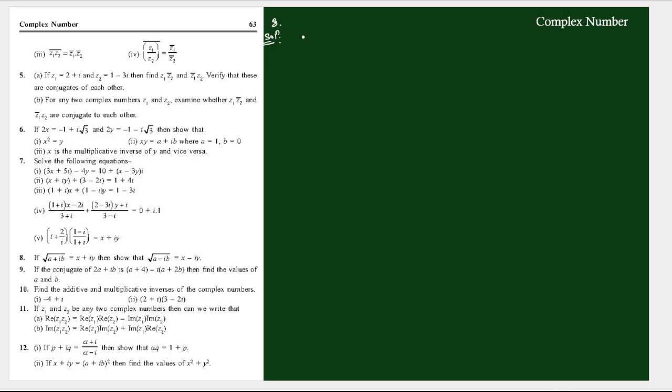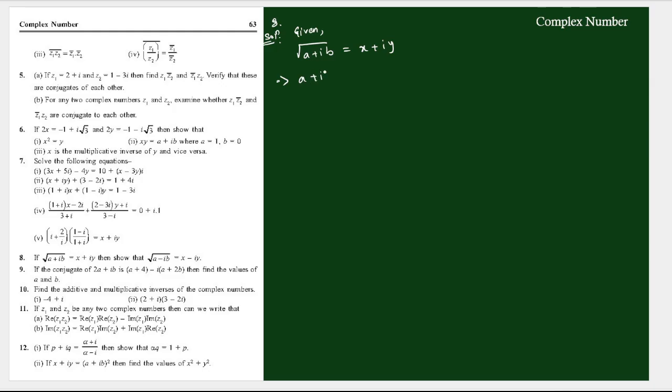Okay. a minus ib is equal to x minus iy. तो real and imaginary part compare करना पड़ेगा. Okay, so given, let's see what we will get. Root of a plus ib is how much? x plus iy. So square both sides.